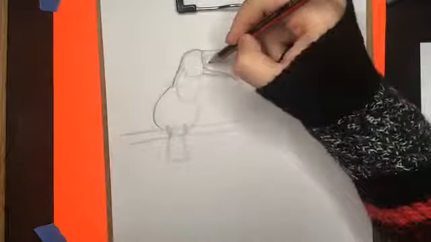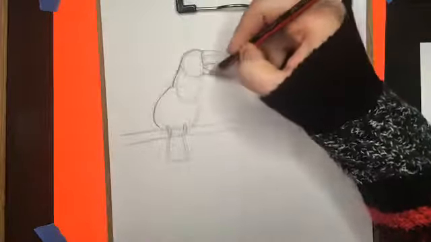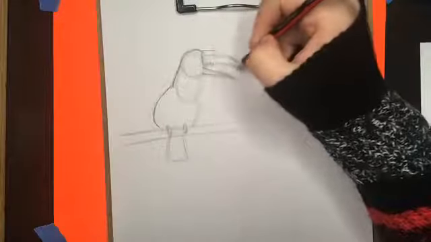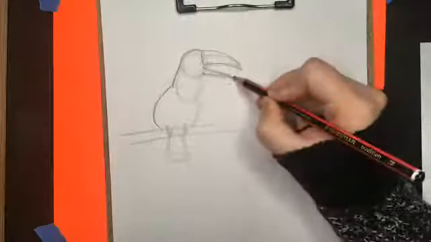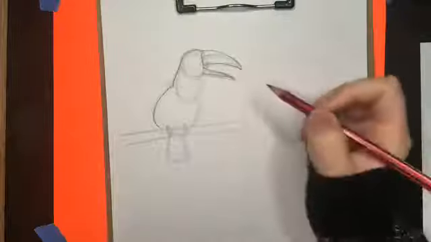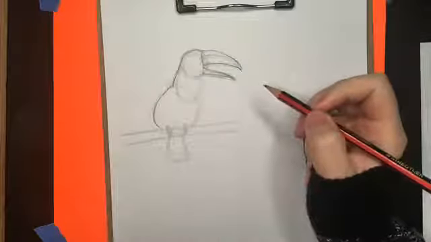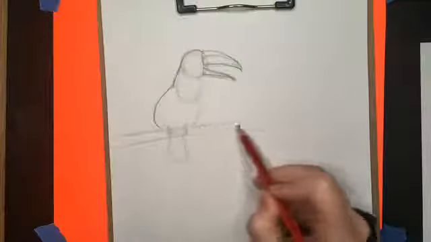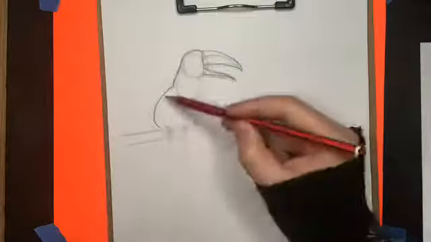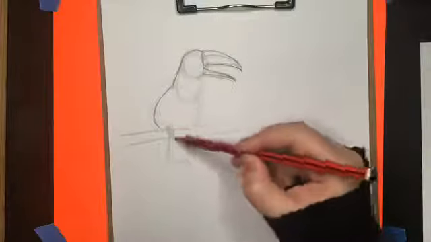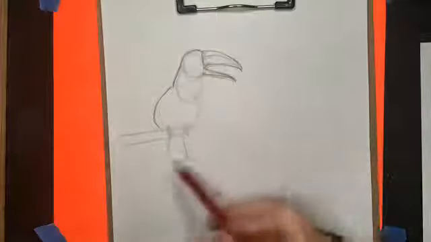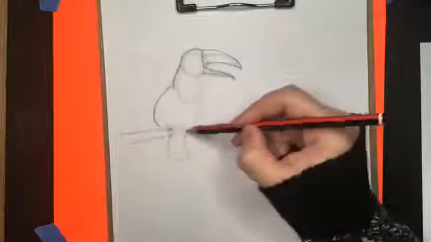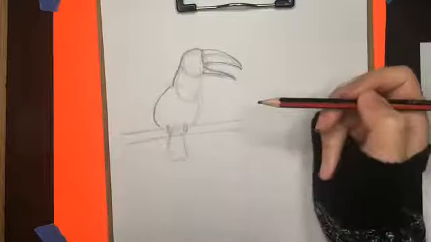So basically this line of the beak and this line of the beak, if you imagine that the beak is closed, they should kind of line up. And we added a branch kind of at the level where the body shape and the tail shape intersect. And then we drew little ovals for placeholders for where the claws are going to be.